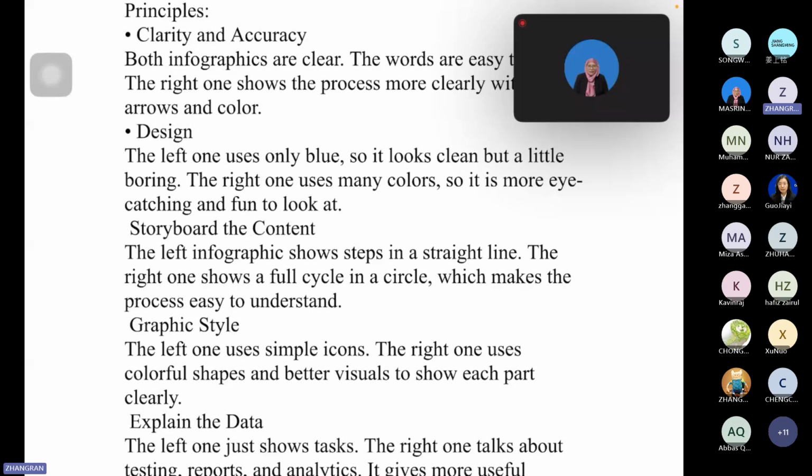It looks clean, but a little boring. But the right picture uses three different colors, so it can catch our eyes and looks very fun.